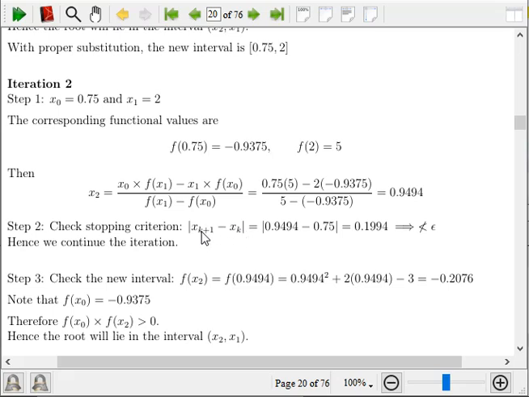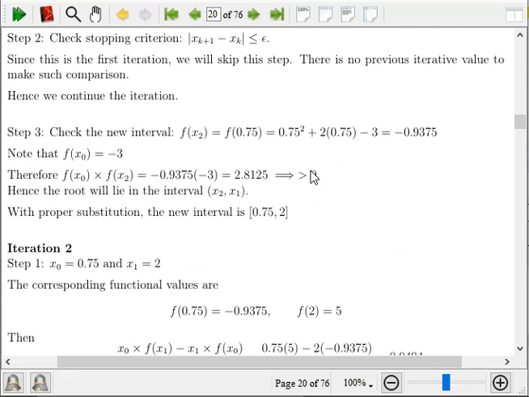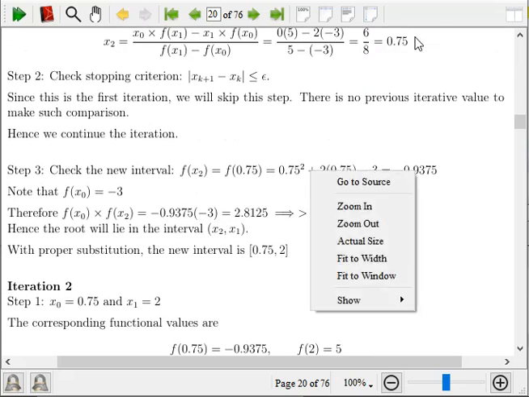So this is current solution minus previous solution. The current x2 value is what we have here, 0.9494. Then we compare with the previous x2 value, 0.75. That is what we see here.